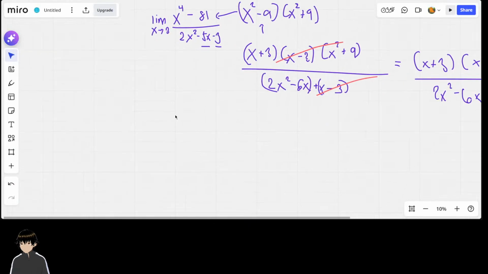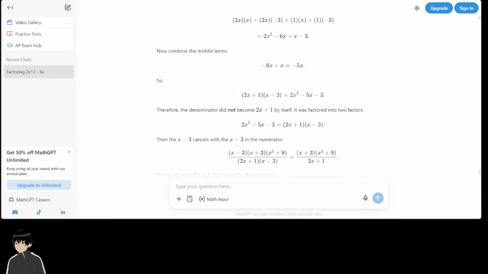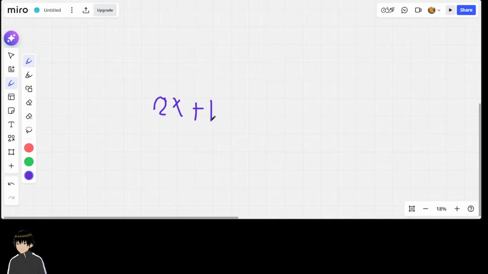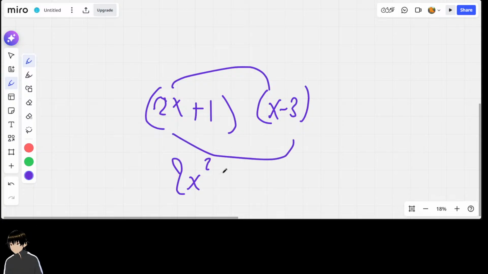Let me try foiling it. Maybe it's asking us to foil it. Maybe if I foil it, it'll work. You know, it'll turn to that equation. So 2x squared, outer, negative 6x, plus.